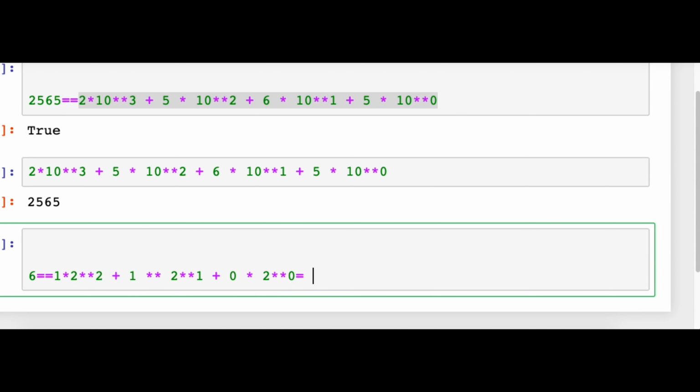This is the same thing as 1 times 4 plus 1 times 2 plus 0 times 1. So let's run this, see what it is.